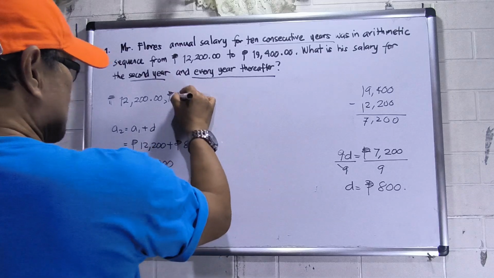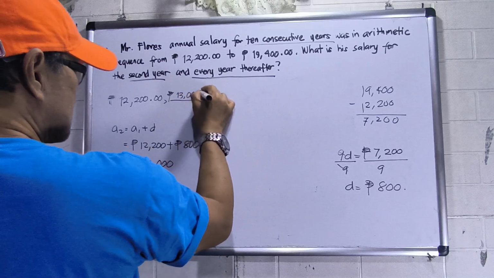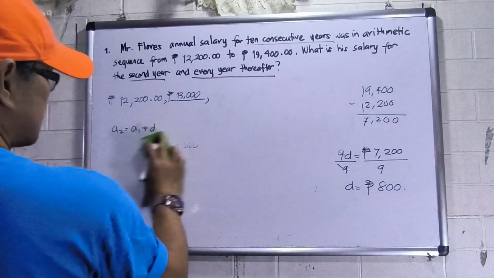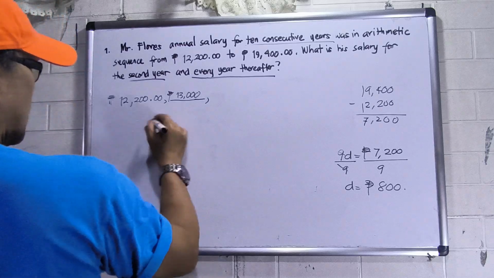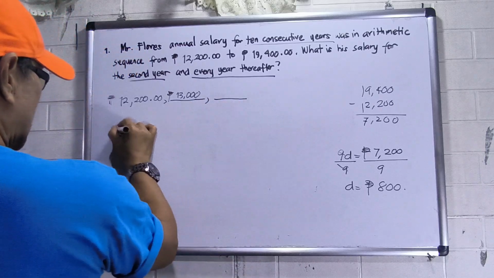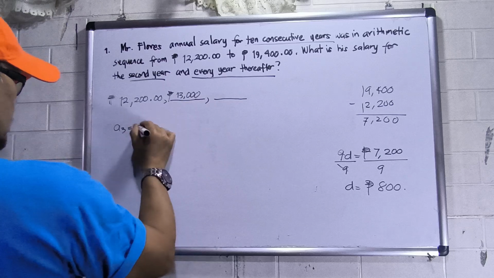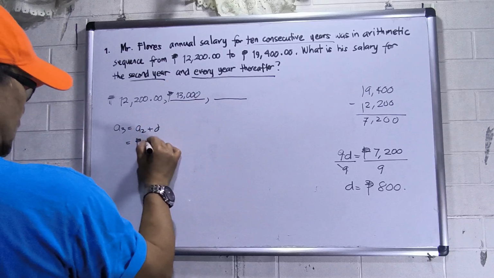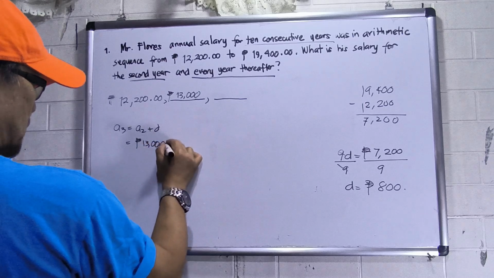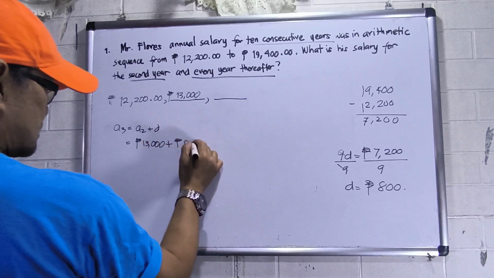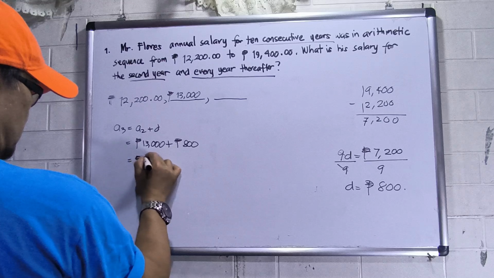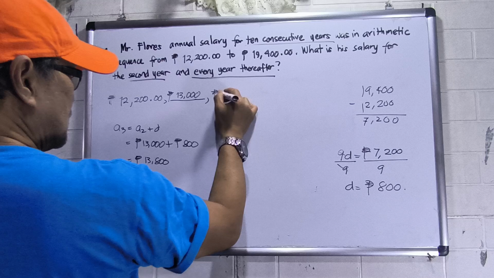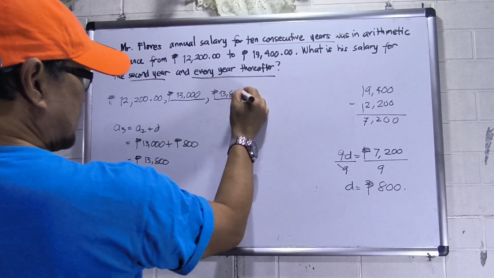So this is 13,000. Next, A3. A3 equals A2 plus D. 13,000 plus 800. So this will be 13,800.